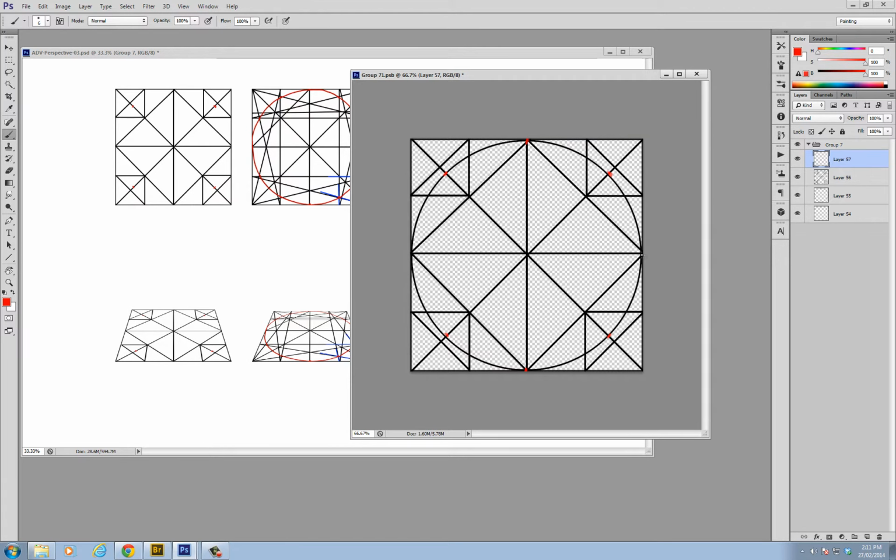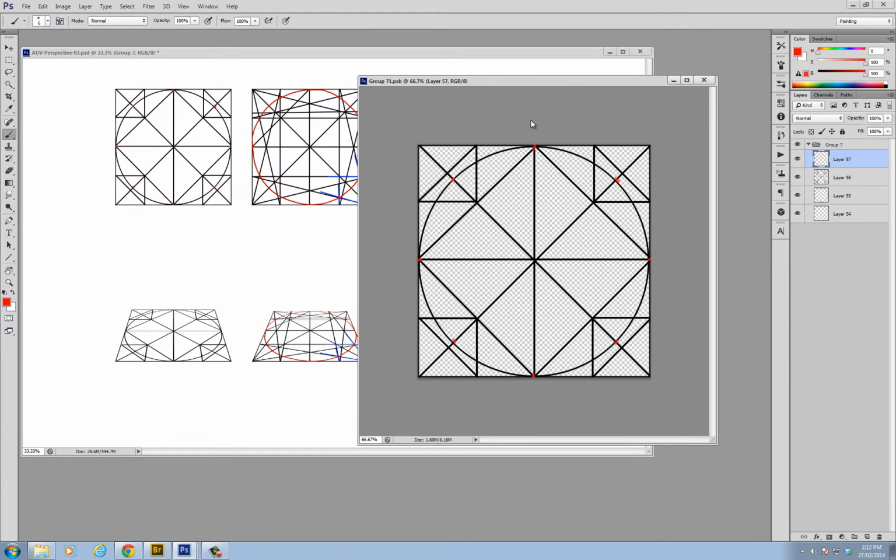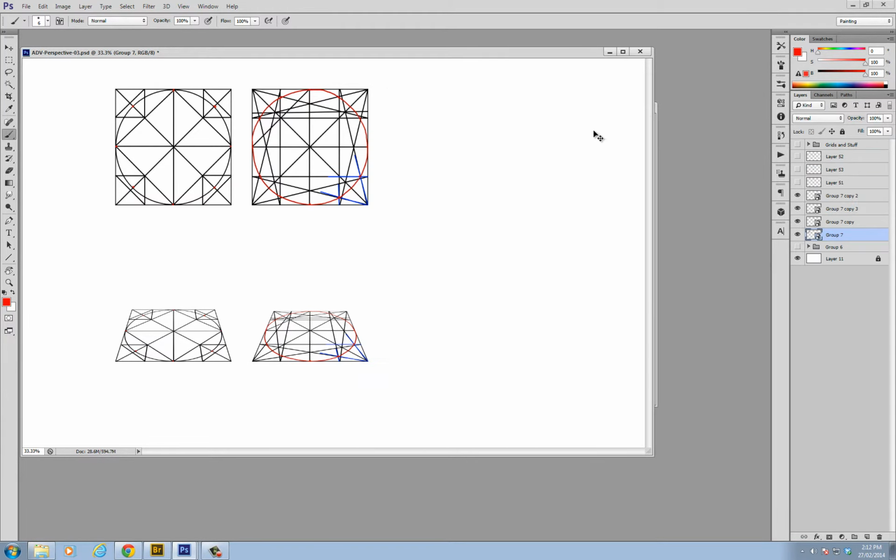So again, we mark these points because we have these points, and that's going to give us a good ellipse. So if we were to do this ourselves, it would just be a matter of, let's have a go at doing it.